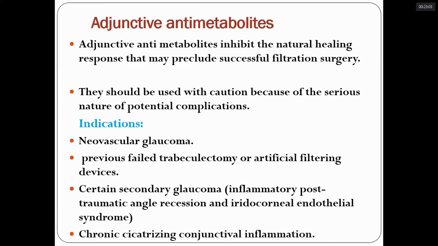Even with anti-glaucoma treatment, we use adjunctive antimetabolites. The adjunctive antimetabolites inhibit the natural healing response, which may make the filtering surgery more successful. But they have different disadvantages also, so we use them with caution because of the serious nature of the potential complications.